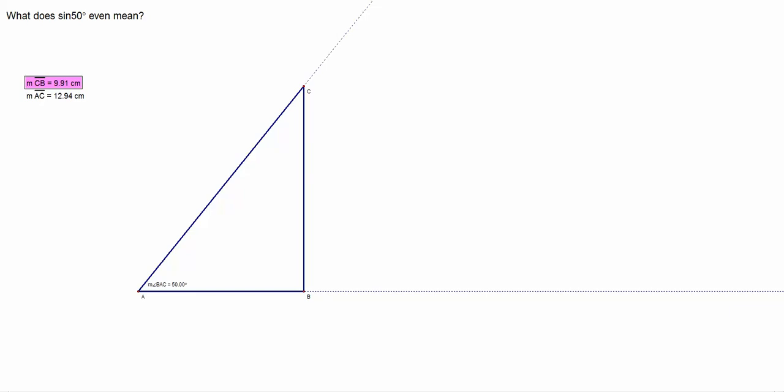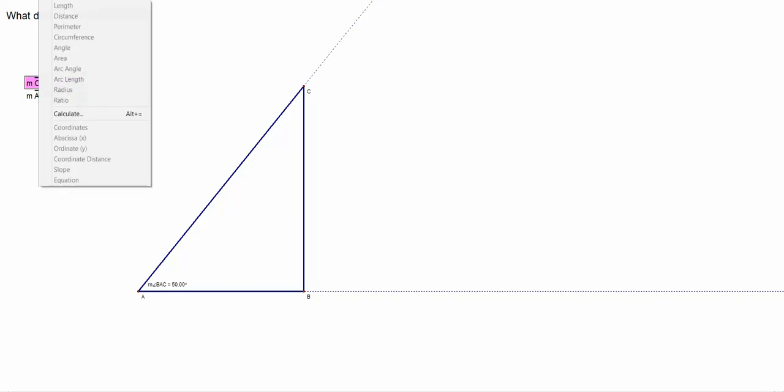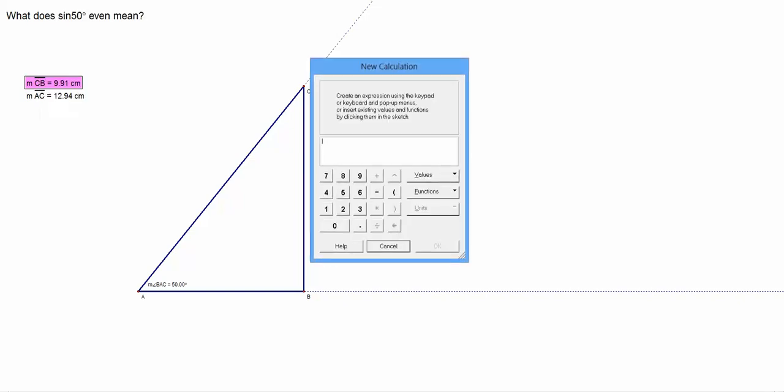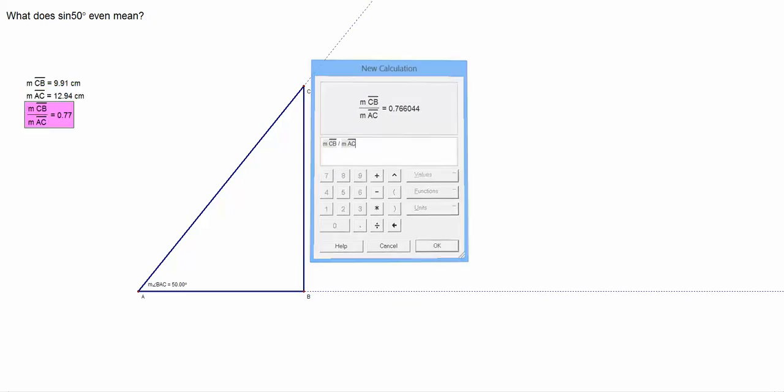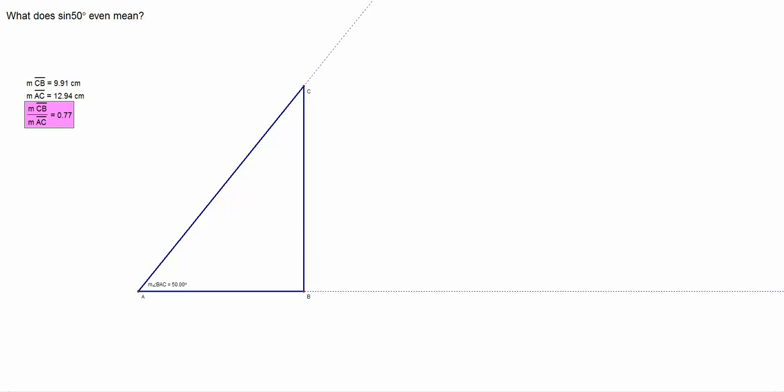I'm going to divide that by that. In this little program, I select that, I go calculate. I'm going to go this length divided by this length, and I get an answer of about 0.77.